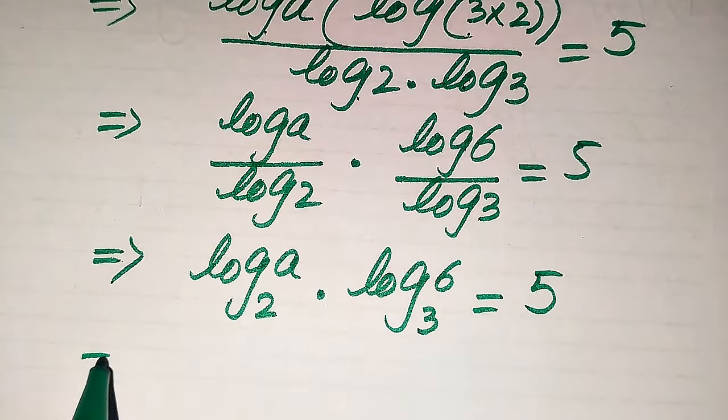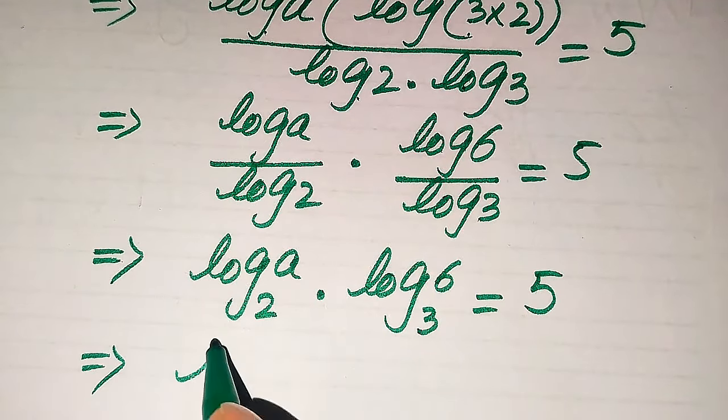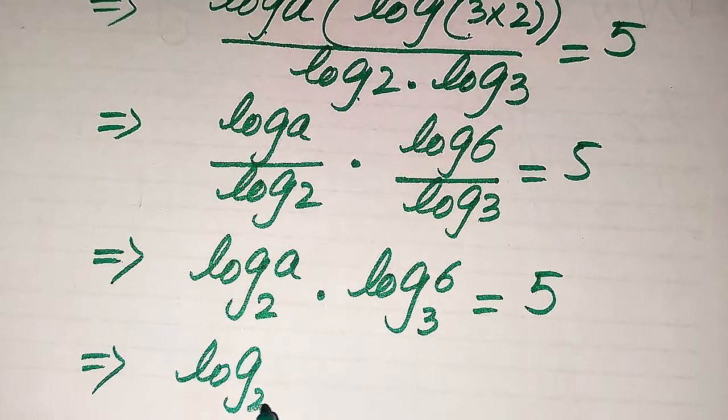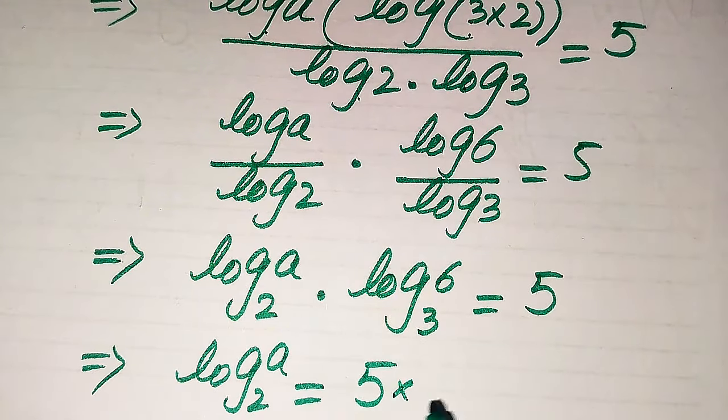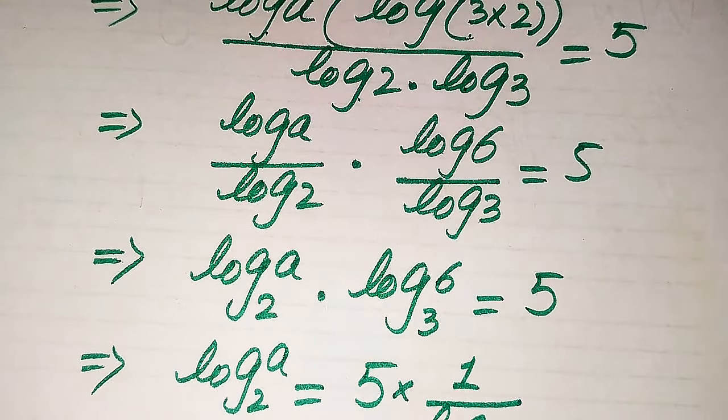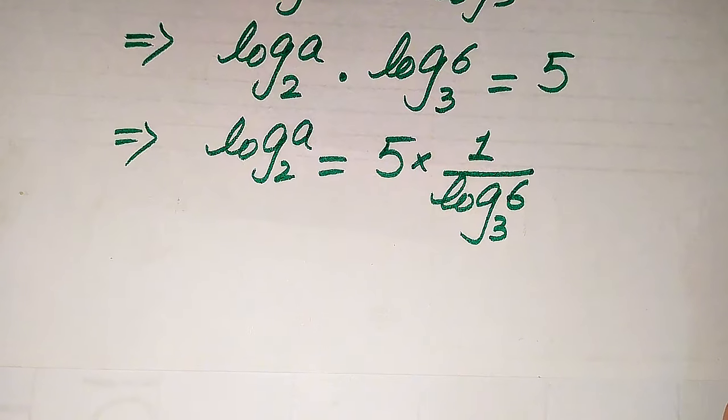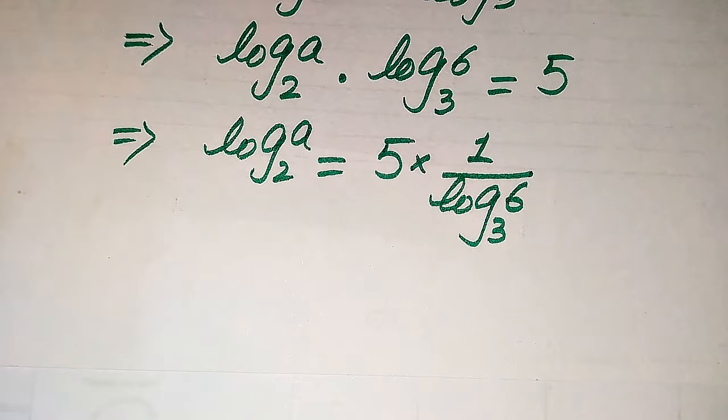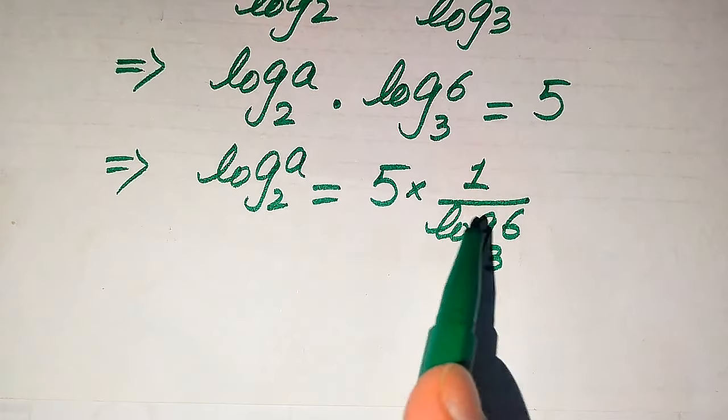It will be written as log of a with base 2 is equal to 5 multiplied by 1 divided by log of 6 with base 3.